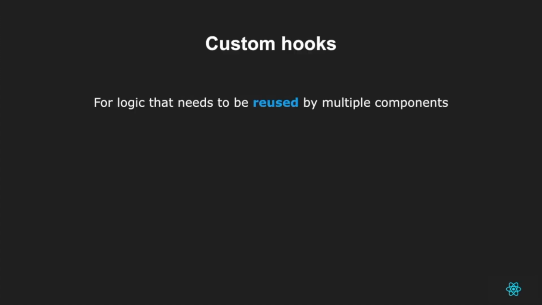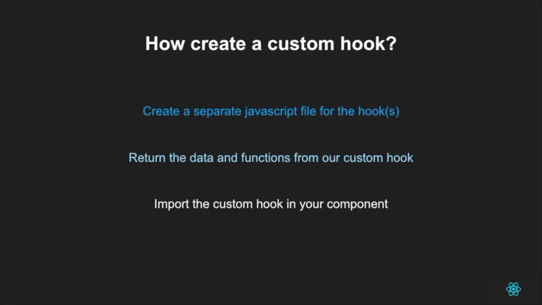That is the main strength of hooks. How do we do that? We create a separate JavaScript file for, in this example, all my state hooks. And then I return that hook, and I can use it in other components.